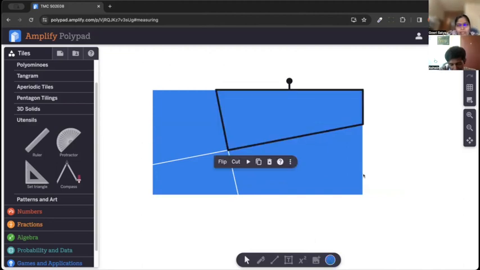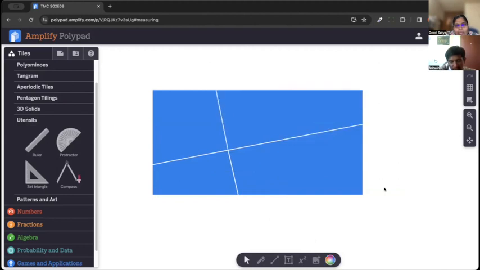Now you basically have the two transversals. For a square, both of them would be equal. So here it won't be equal. Correct.